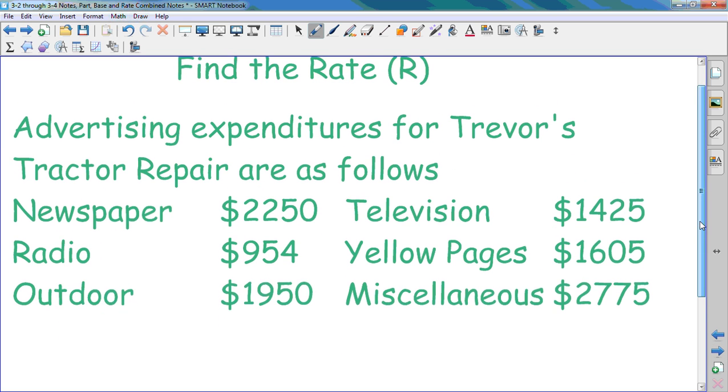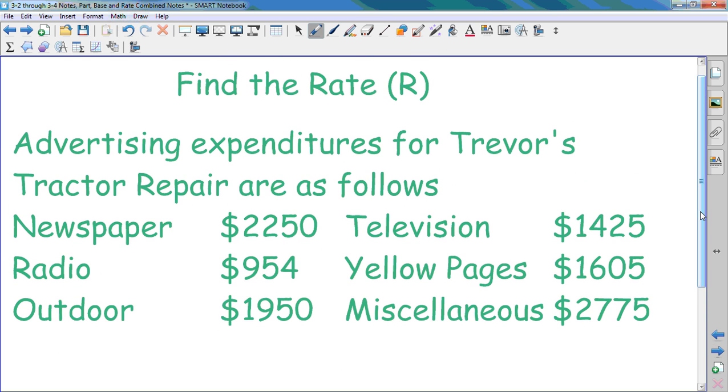This one I forgot to type in a question, so I'm going to give you the question at the end. Find the rate. Advertising expenditures for Trevor's tractor repair are as follows. Newspaper, $2,250. Television, $1,425. Radio, $954. Sales pages, $1,605. Outdoor, probably signs, I'm guessing billboards, $1,950.